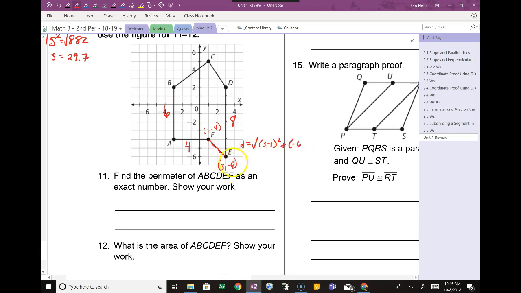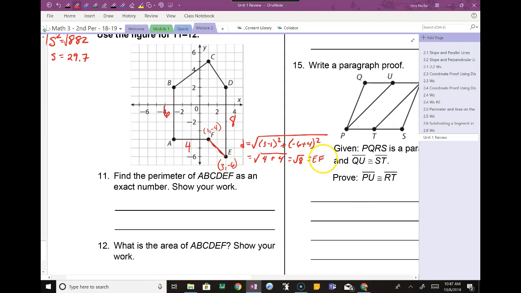So -6 minus -4. That makes plus. And we end up with 3 minus 1 is 2. 2 squared is 4. -6 plus 4 is -2. -2 squared is 4. So we get a square root of 8. So there's your E to F length.